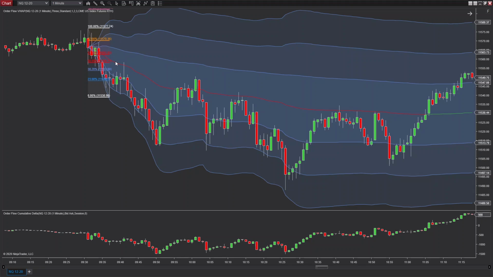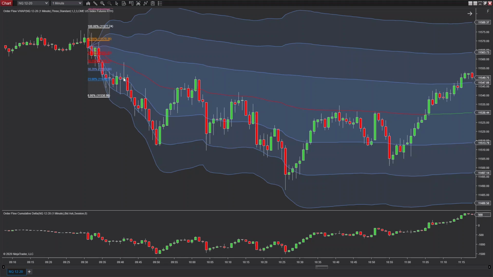For the NQ, I would do maybe 5 to 8 points. On the ES, I would use a lot less, about maybe 6 to 8 ticks max, 2 points, maybe 2.5 points on the ES contract. And that would be how you'd want to set your levels.